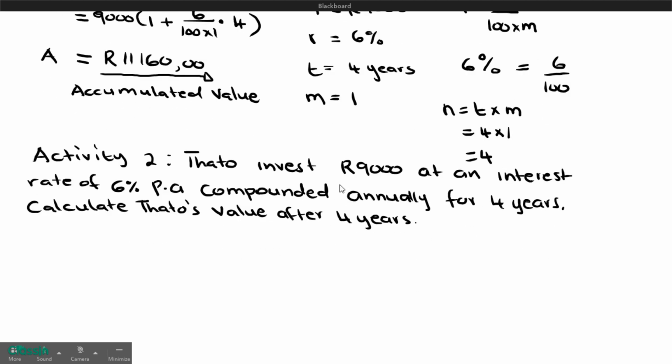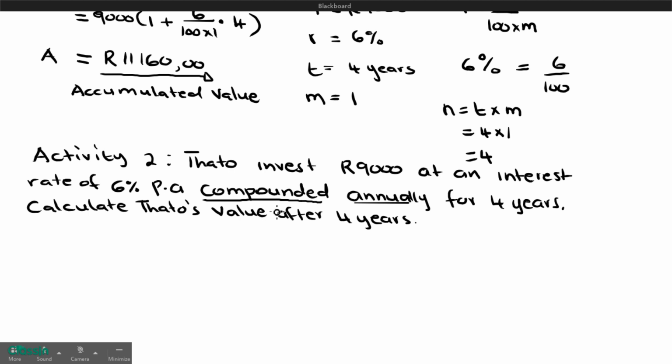Now we took the very same statement, but we changed something here. On activity 2, Tato still invests 9,000 at the very same rate, which is 6% per annum, compounded annually. But now we have introduced a term which is compounded. It is compounded what? Annually.